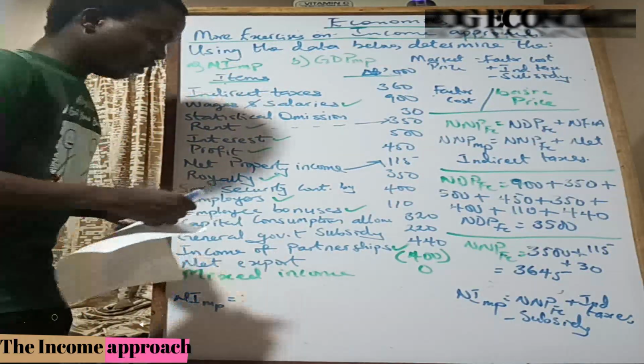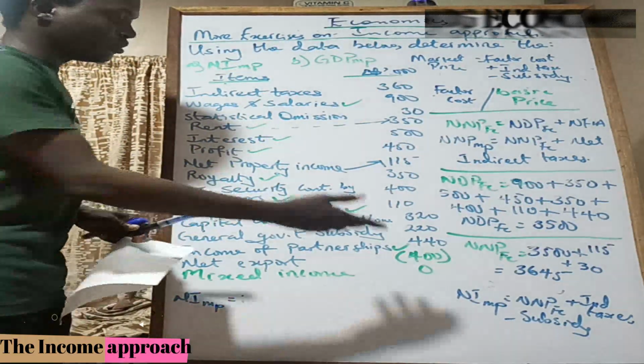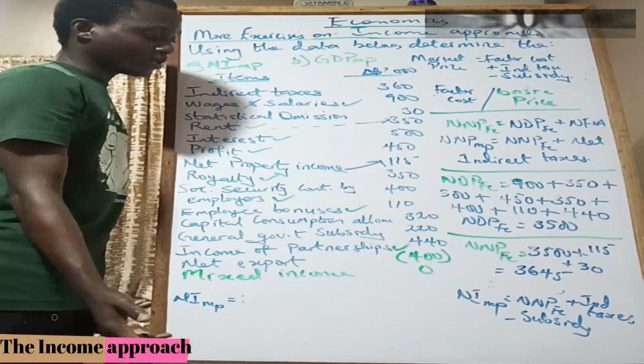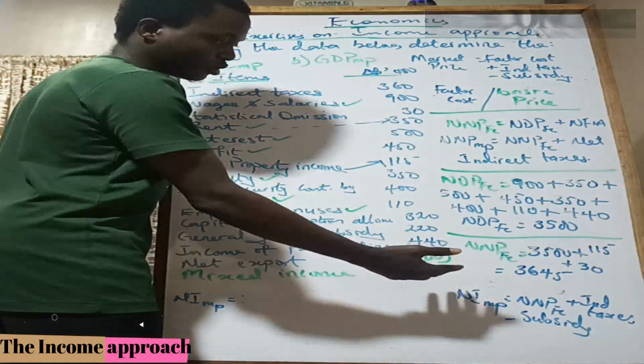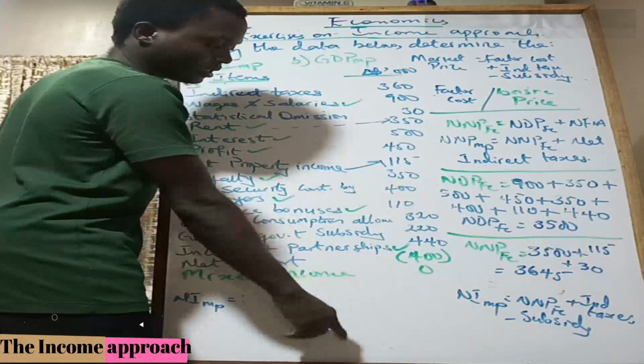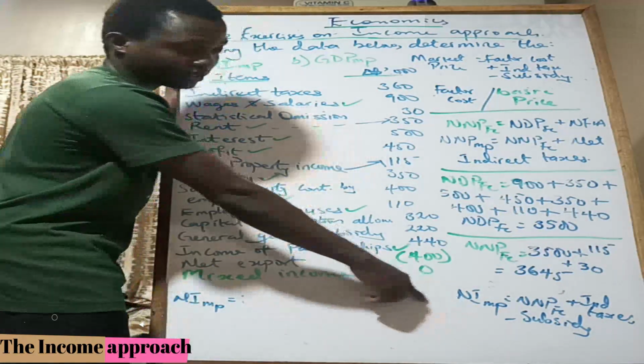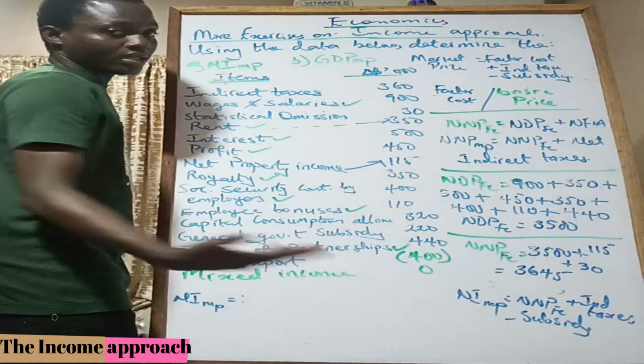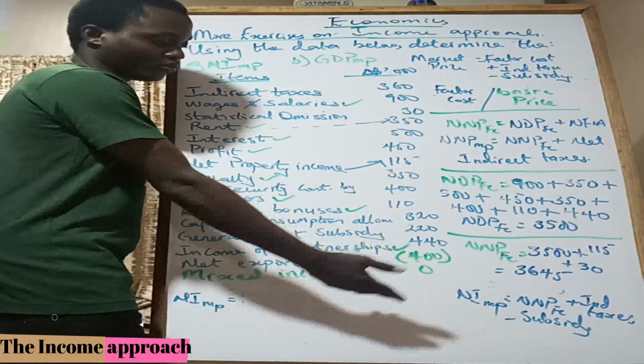So now that we've gotten our NNP at factor cost, that's also going to be our national income at factor cost. The next thing we are supposed to do is NI at market price, which is equal to your NNP at factor cost plus your net indirect tax. So you add indirect taxes and you remove subsidy.